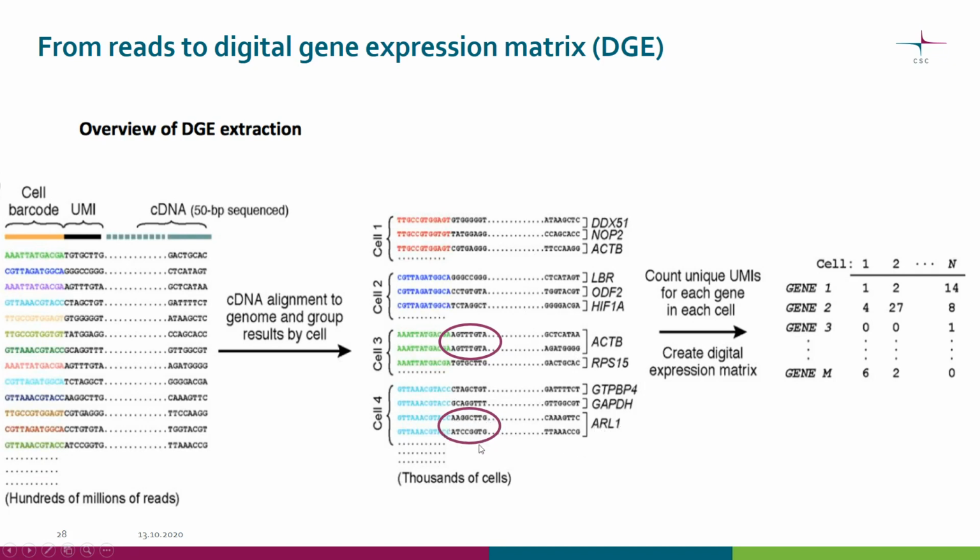Here the UMIs are different, so we know that these two reads came from two separate transcript molecules. So here we will mark two counts for this particular gene. We count the UMIs and end up with what is called a digital gene expression matrix, where we have the cells as columns and genes as rows, and the numbers indicate how many UMIs for each gene in each cell we detected.